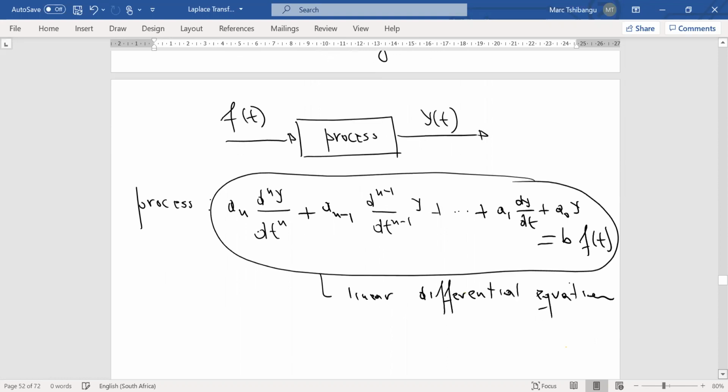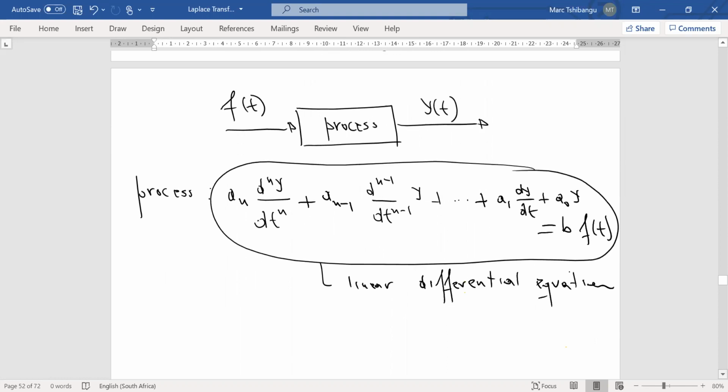If it is a linear differential equation, we can take the Laplace transform and then find the transfer function of this process.